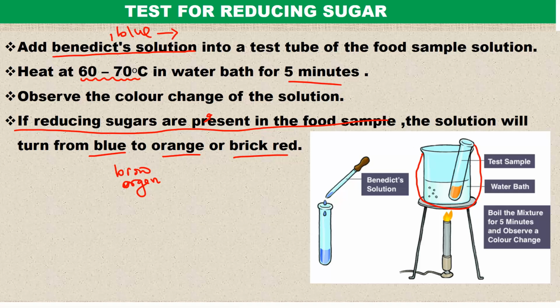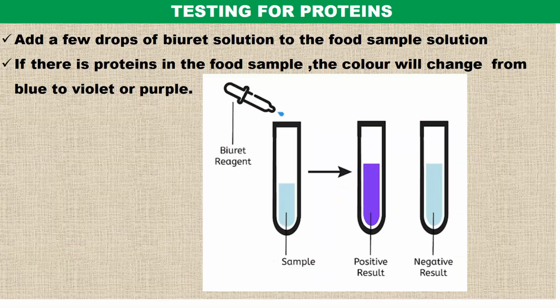These are the questions that we are going to meet. In the setup, as you are able to see, Benedict's solution is added to the test tube and taken for heating. For heating, we use the Bunsen burner. Then of course you observe the color change.